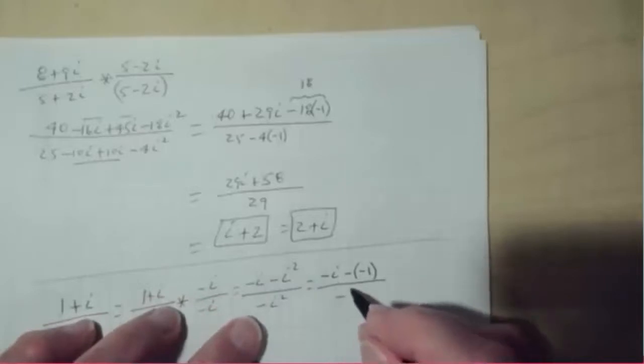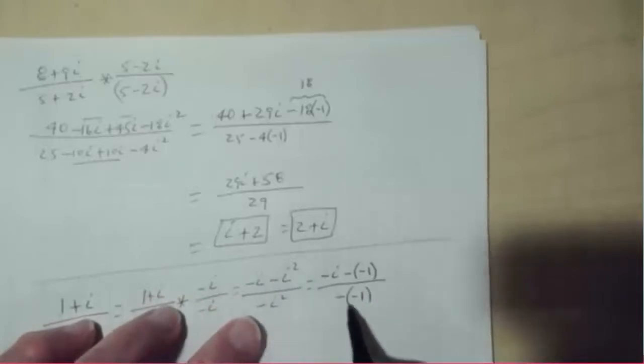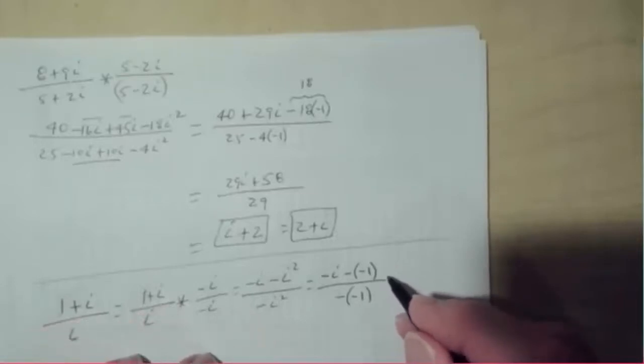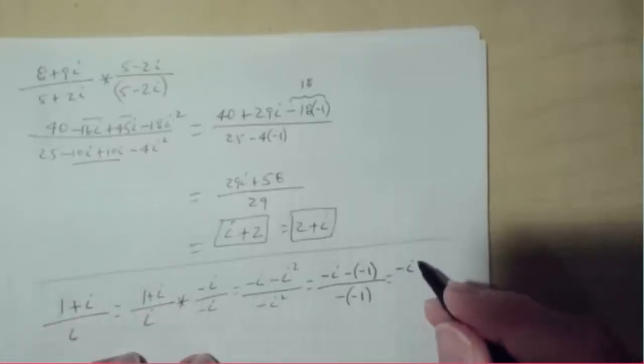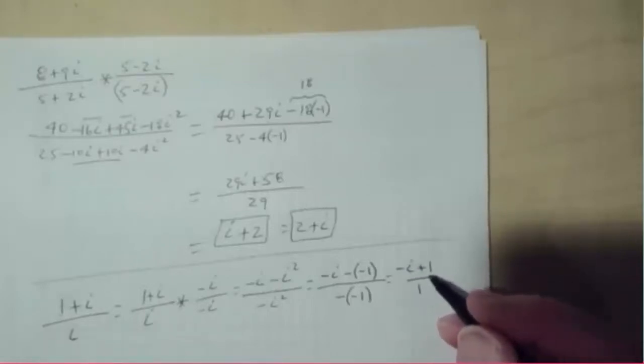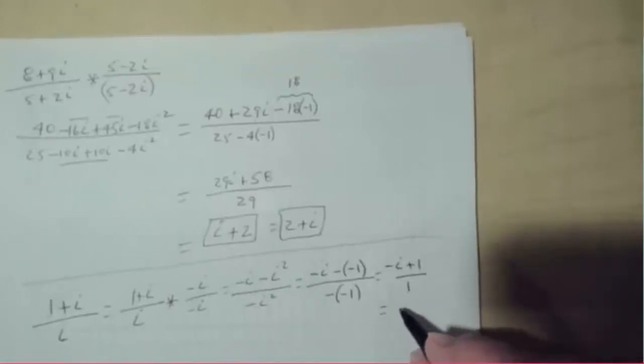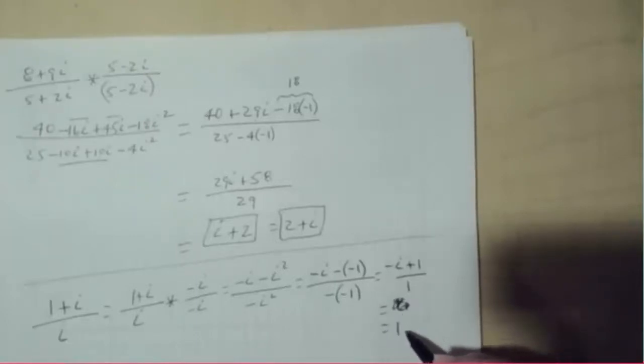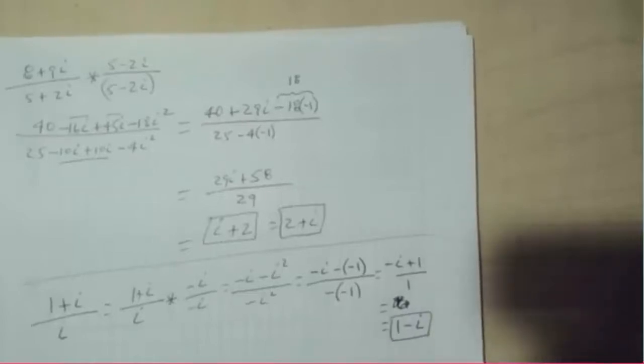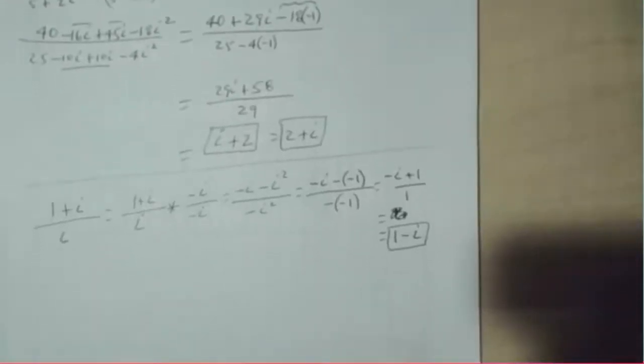Negative i minus, remember, i squared is negative 1. Over, this minus is outside, minus a minus 1. Okay, i squared is negative 1. So now we have negative i plus 1 over 1, which is 1 minus i over 1, or just 1 minus i.